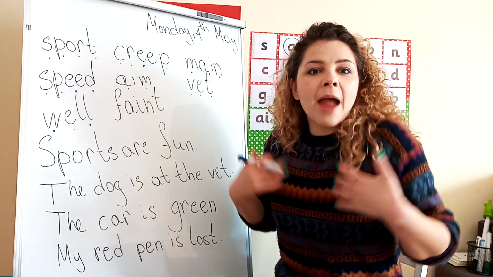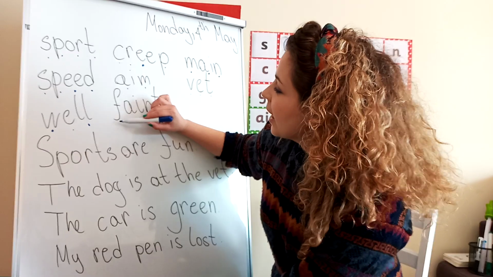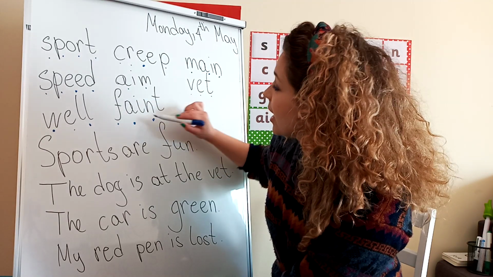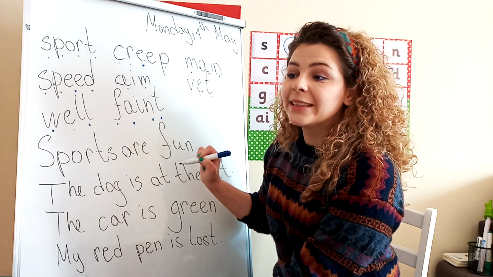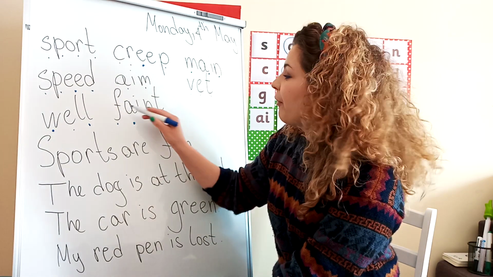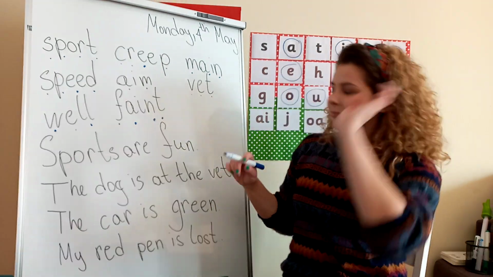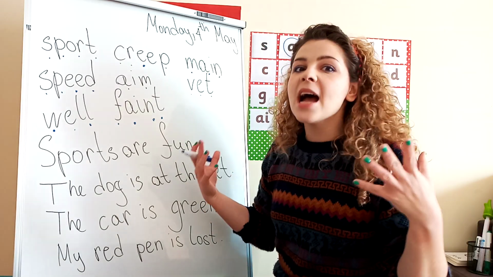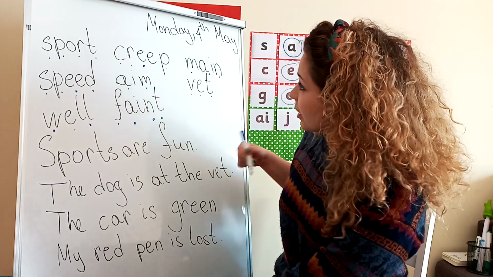How are you? I'm well, yeah? I'm feeling well. Then we have faint. So here we need to blend the last 2 sounds. Faint, yeah? If you're not feeling well, if there's a lot of sun and you start to feel a little bit sick, you might start to faint a little bit, okay?